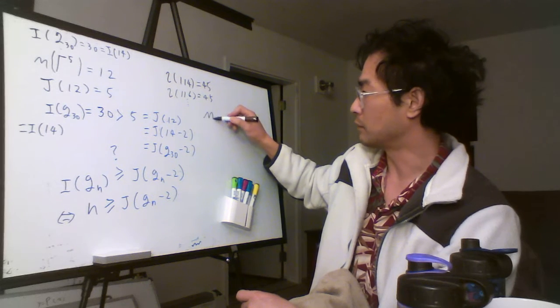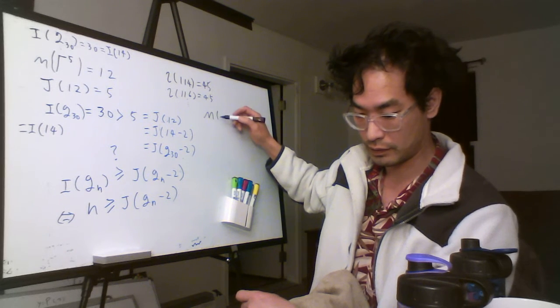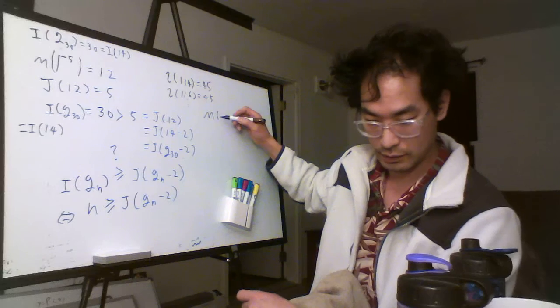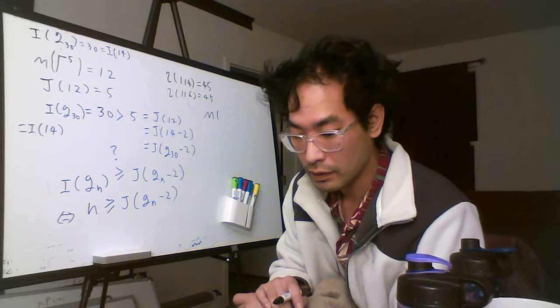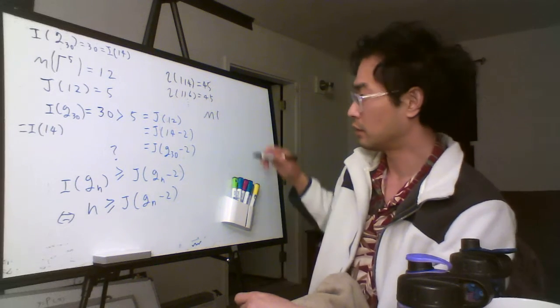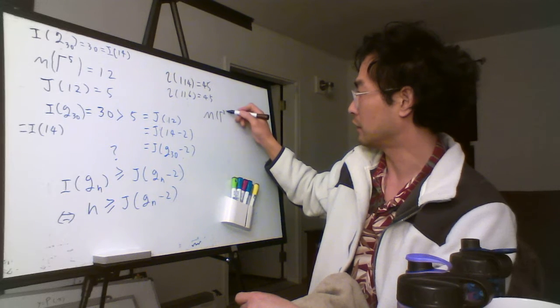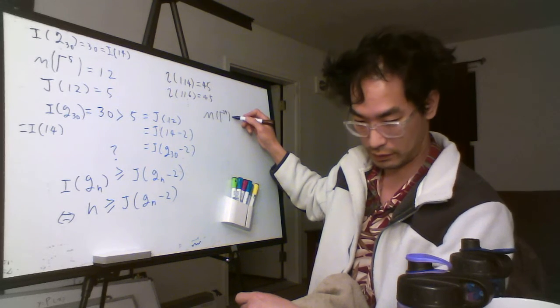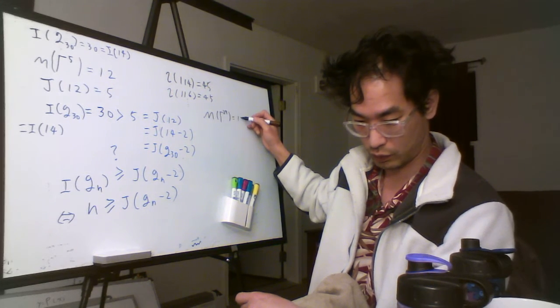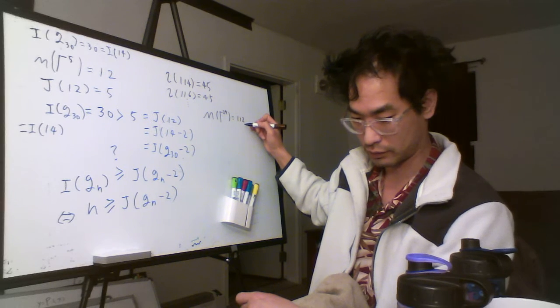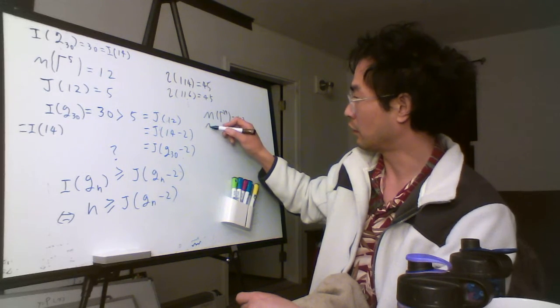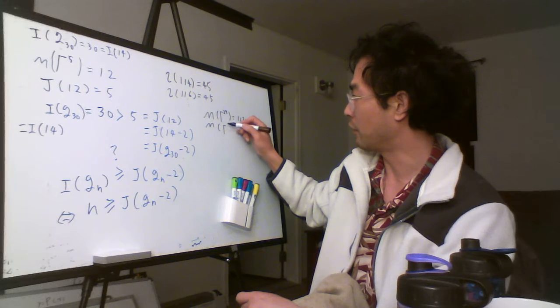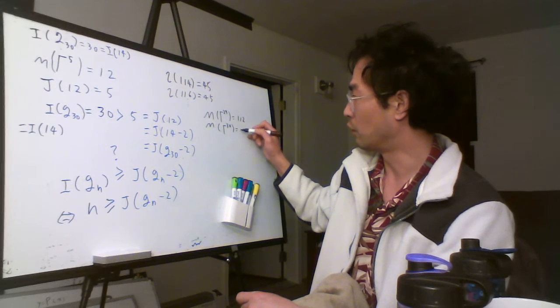So continuity maximal of gamma 29 is 112. Continuity maximal of gamma 30 is also 112.